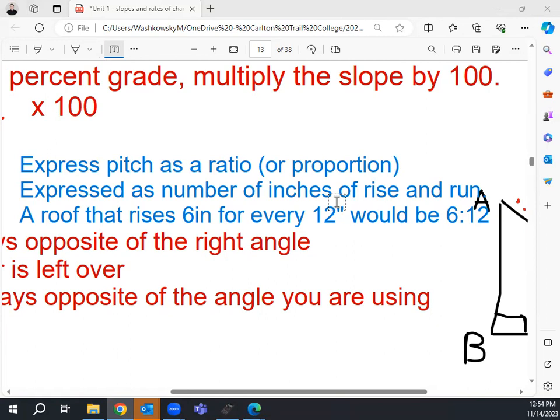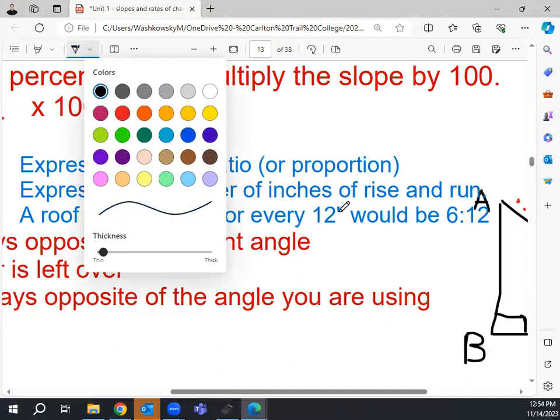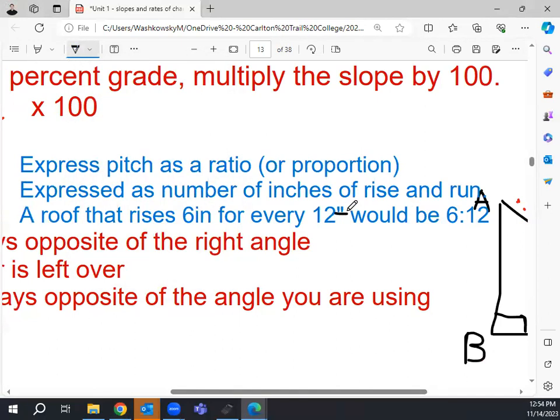Okay, yes, inches is the double line. So you see this little thing, I'm going to mark it in black. This means inches. If you see one of them, that means feet.